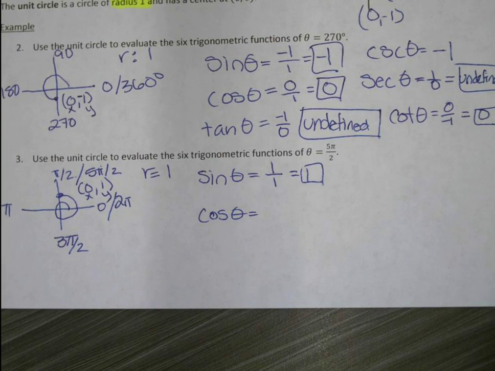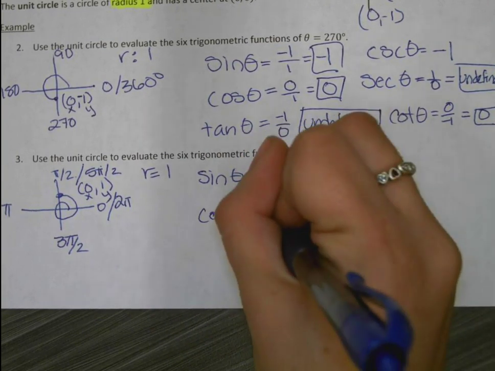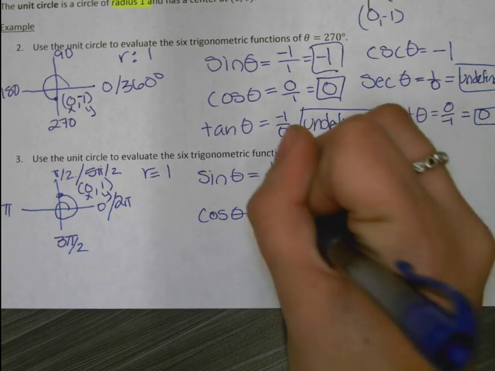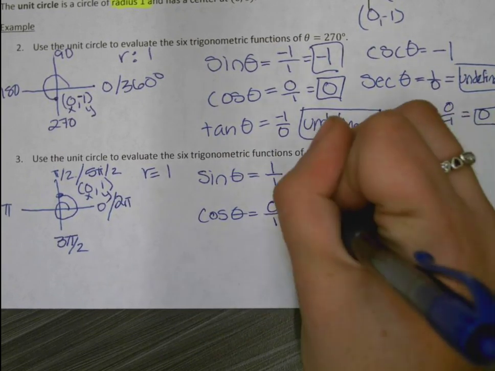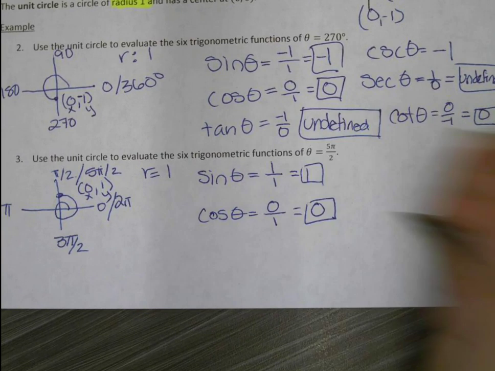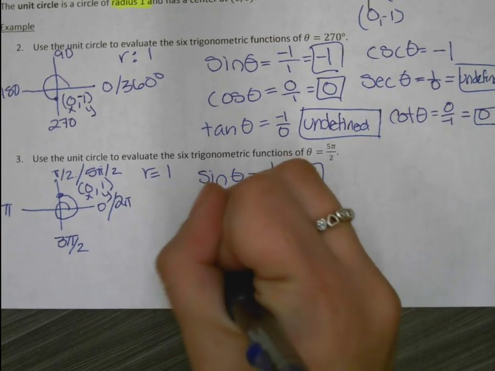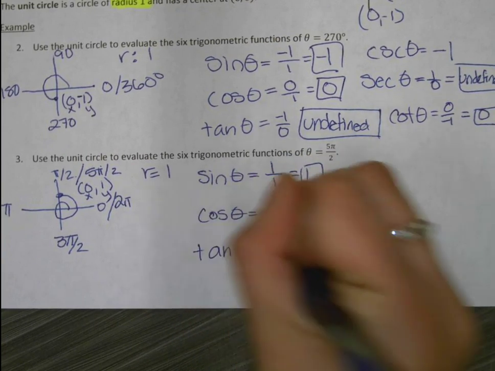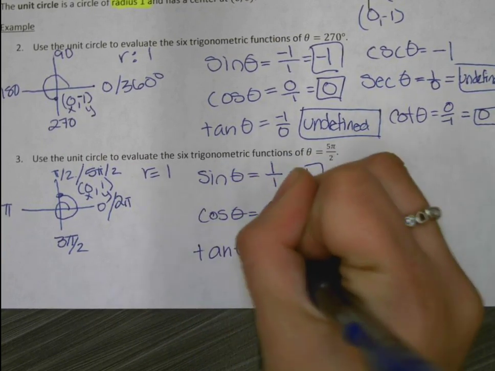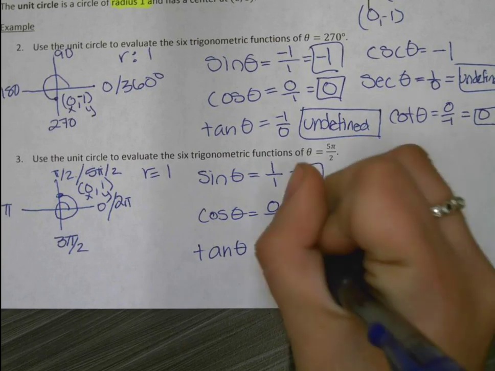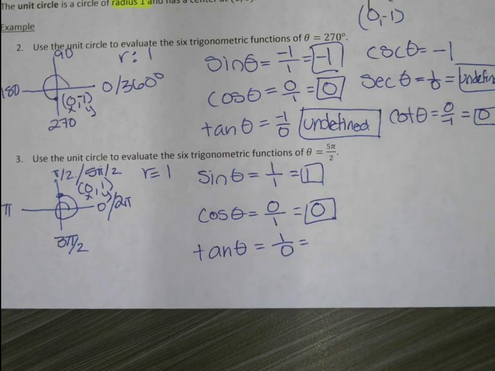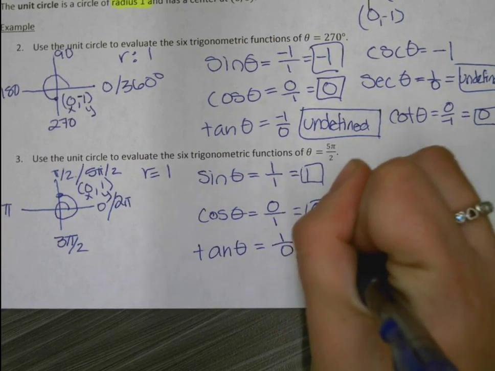What's x? 0 over r, which is 1. 0 divided by 1 is 0. Then I want to find tangent. Tangent is y over x. Y is 1, x is 0. So should I leave it like this? This one's undefined.